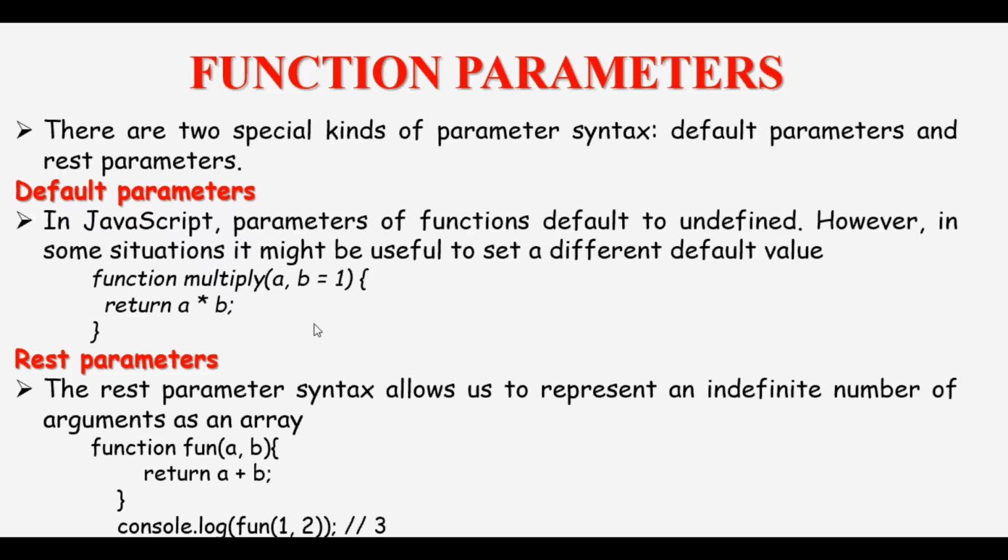In the other case, we're passing 1, 2, 3, 4, 5. The function is expecting 2 parameters, and then we're passing about 5 arguments. So where the number of arguments is unpredictable, we use a rest parameter. We're going to see an example of a rest parameter at the end of this video, but just know that the two special kinds of parameters are default parameters and the rest parameter.